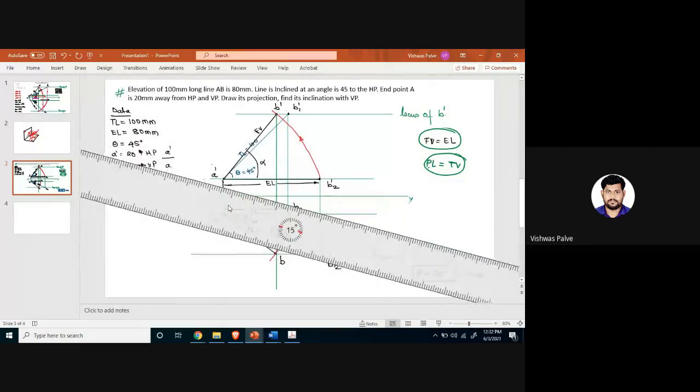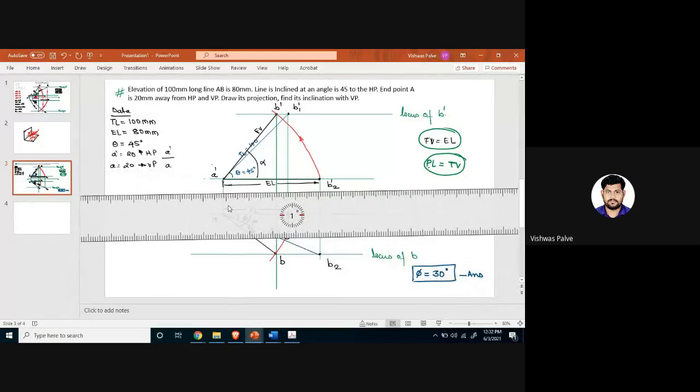There will be some errors in the drawing. All right. So 1 or 2 degree, it's accepted.